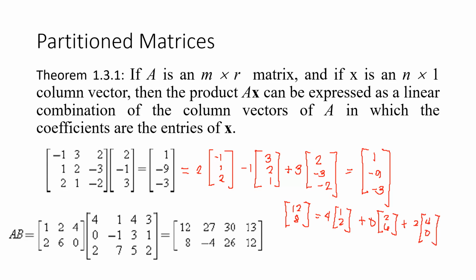And let's say you have 27, negative 4. It follows that you have 1, 2, minus 2, 6, plus 7, 4, 0, and so on.